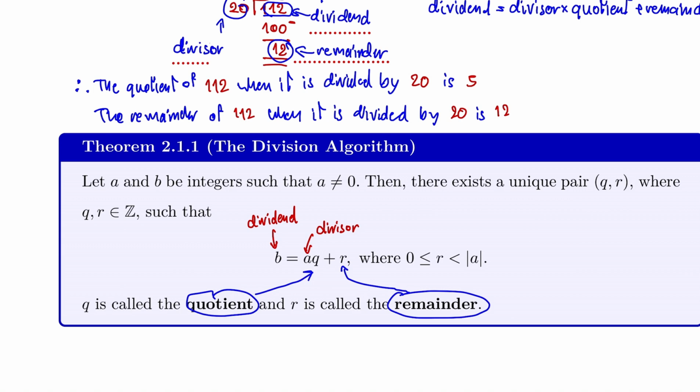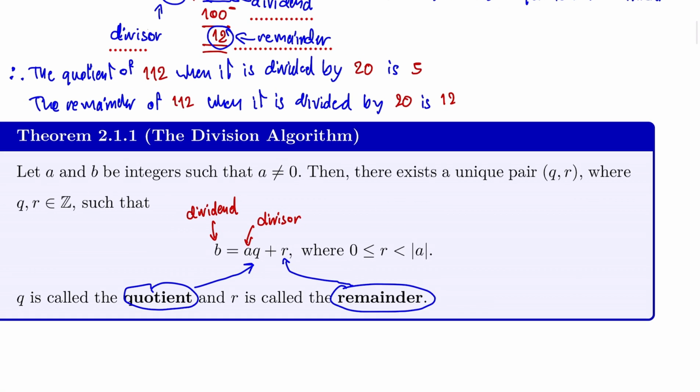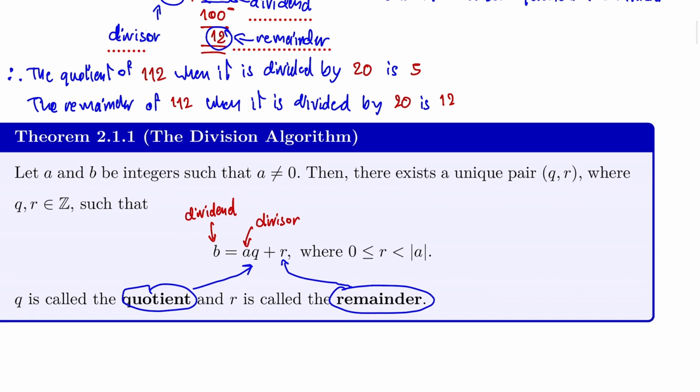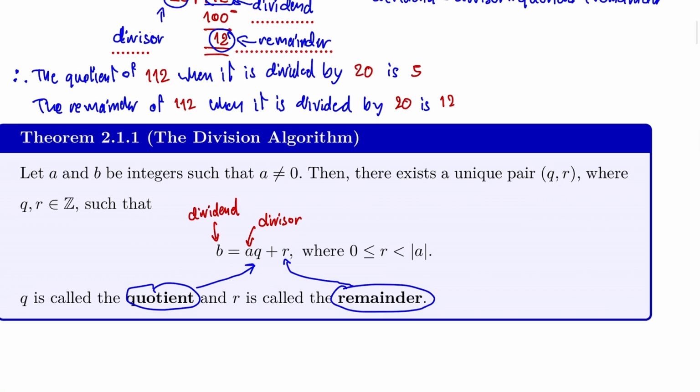So from this theorem, we can say that if we have two integers, a and b, these two integers can be written in this form. So there will exist q and r such that b equals a times q plus r. So let's prove this theorem.